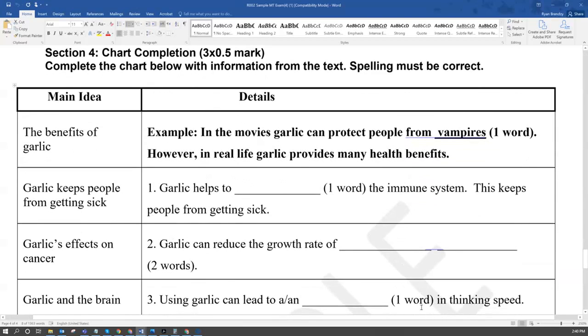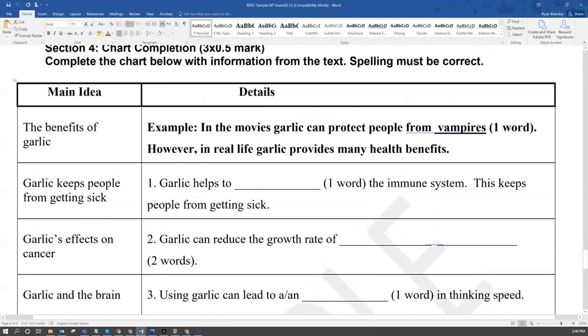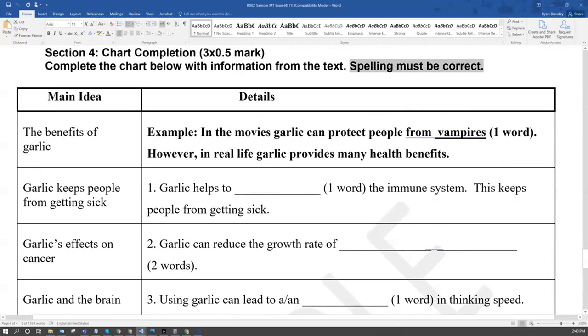This is similar to what we do with the graphic organizer. We're going to put in however many words it asks, and make sure the spelling is correct. You look for the word in the text.